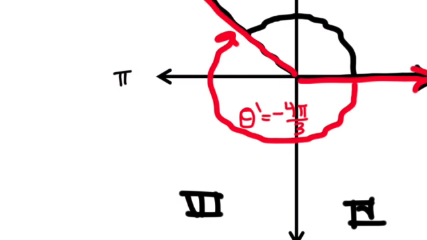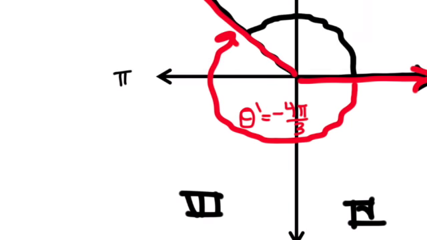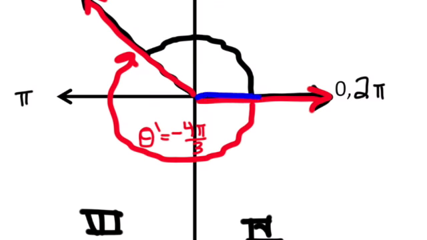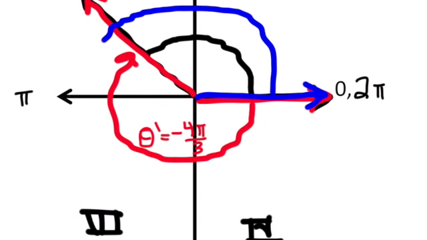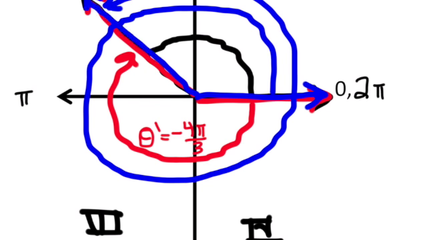All right, now let's look for the positive coterminal angle. So we're going to want to start at the initial side. So I start right here at 0, but now I'm going to want to travel counterclockwise, and I want to go past my angle, go all the way around, and then I'm going to end up at that exact same terminal side. So it is a coterminal angle.